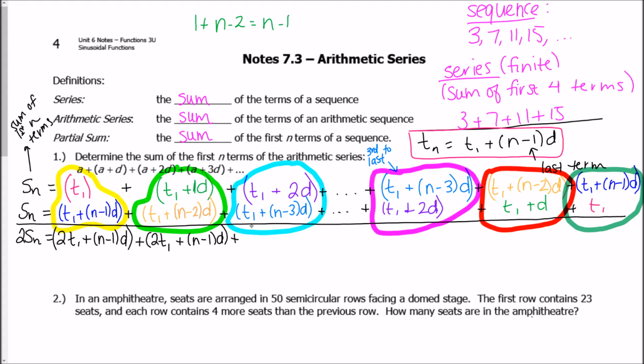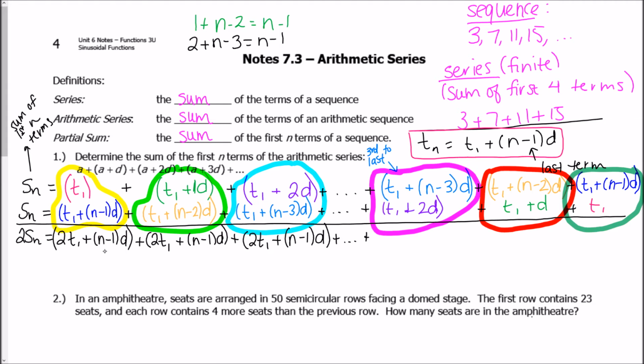Plus, now I'm going to add what I circled in blue. So t sub 1 plus t sub 1 is still going to be 2 t sub 1 plus. Now here I have two sets of d, and here I have n minus 3 sets of d. So 2 plus n minus 3 would still give me n minus 1. So I have n minus 1 sets of d. Plus, dot, dot, dot.